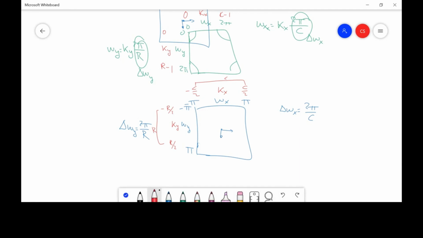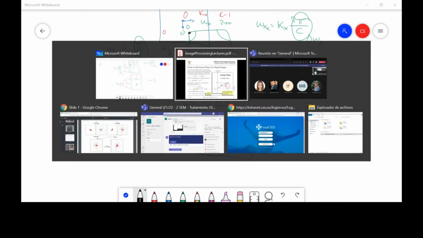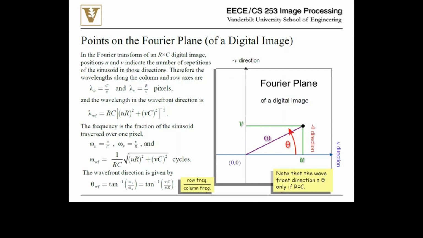We will see later that the origin here is placed there, and in this other case it is placed there. So where is your origin? The 0, 0 frequency. All this representation is assuming the origin is in the middle, at the 0, 0.